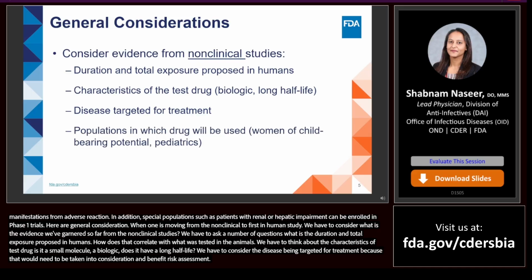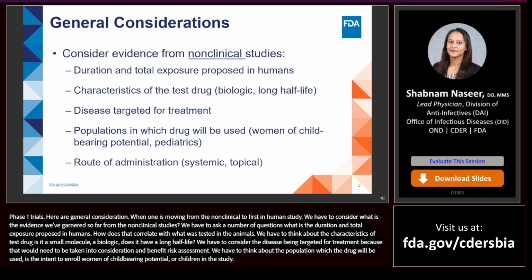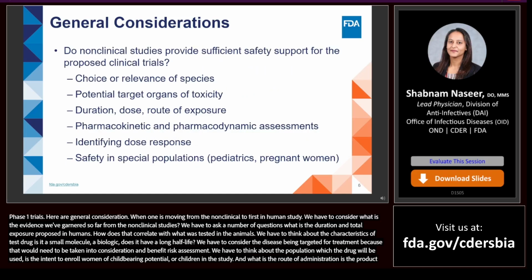Is the intent to enroll women of childbearing potential or children in the study? And what's the route of administration? Is the product being given systemically or topically? So these are some of the initial considerations.